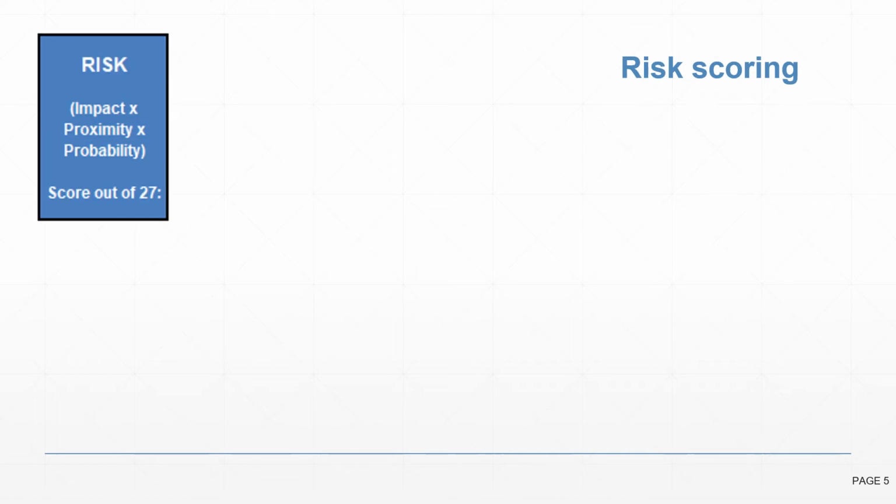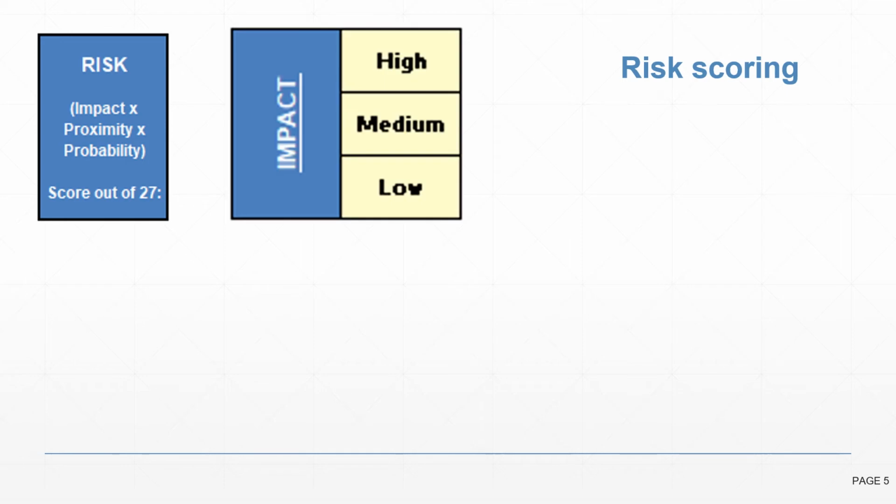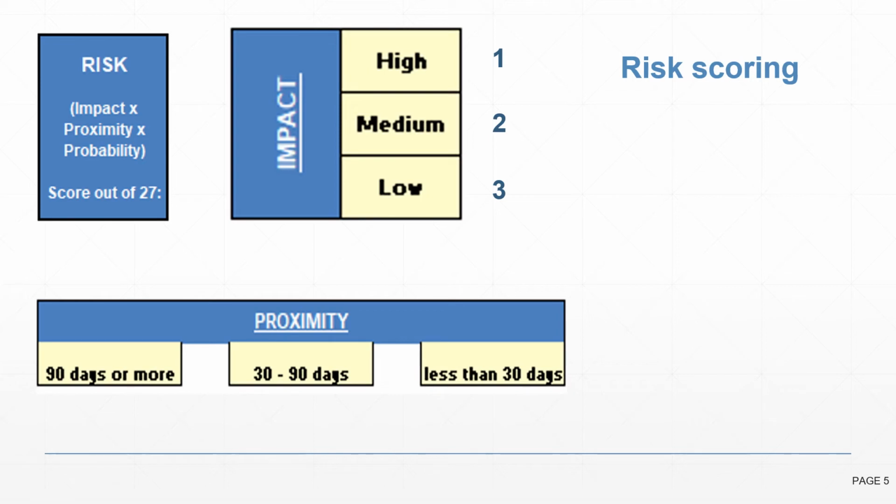Okay, so let's look at another example. It's a risk scoring model, and the impact is rated from low to high, with high being 1, medium being 2, and low being 3. See how numbers really make it pop, as they say. And then we've got proximity in this particular model.